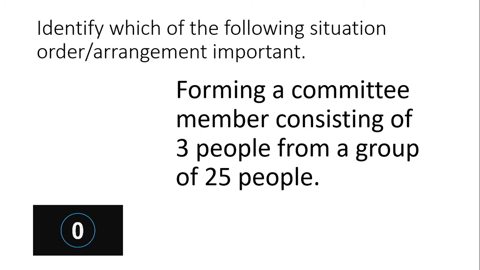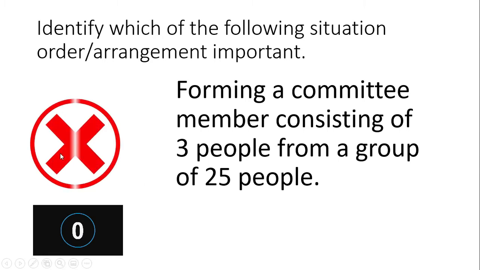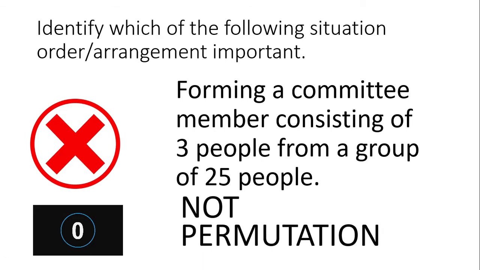Time's up. The answer is not permutation. This scenario does not involve permutation because each member of the committee has an equal role to perform, thus, the order of election of the members does not matter.